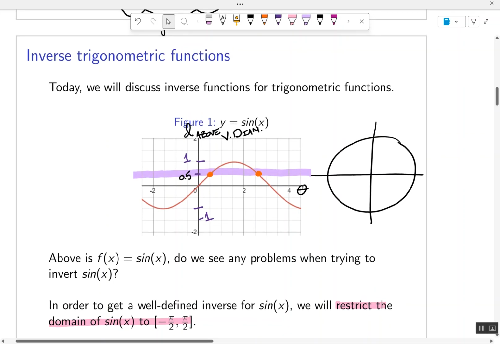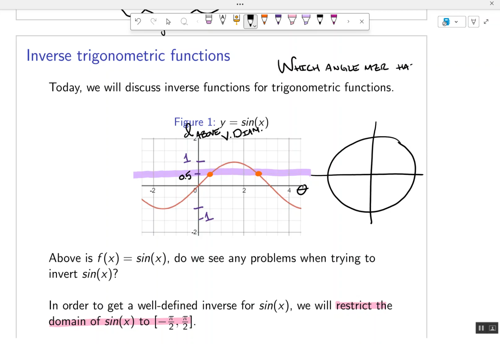If I were to ask you, which angle measure has a sine of 0.5? Well, from this picture, we would have 2. Call that theta 1 and call this theta 2.